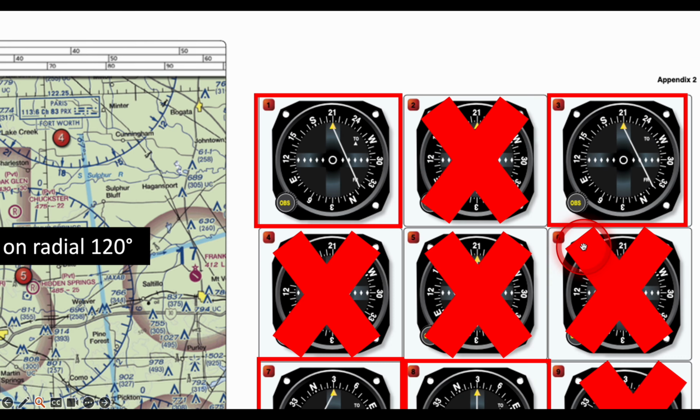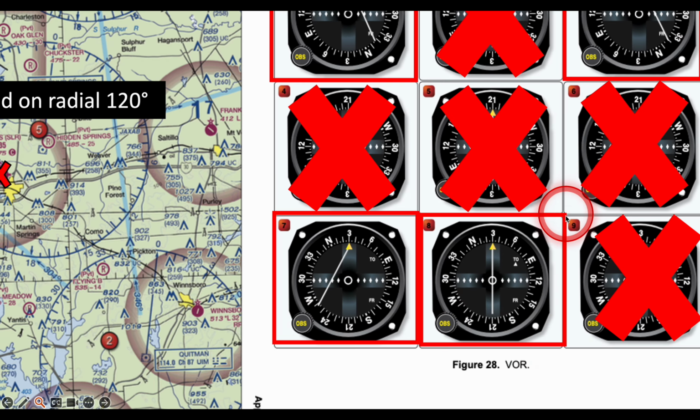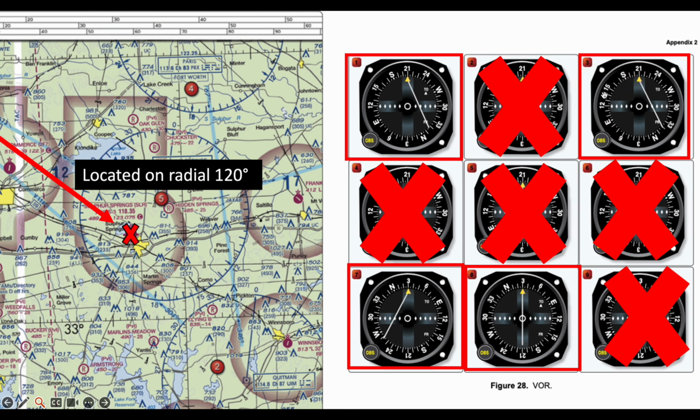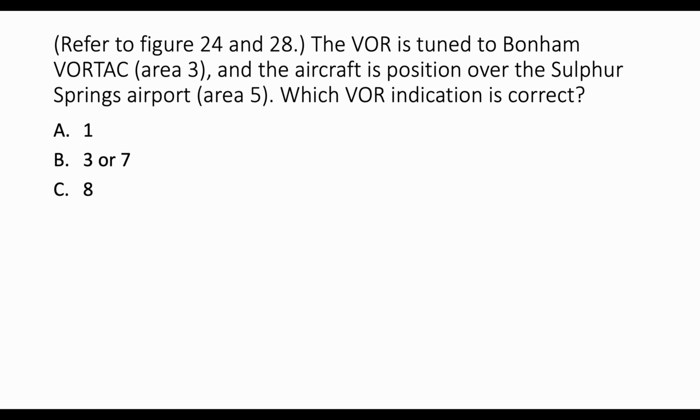We already crossed out number 8, and so that leaves us with either number 3 or 7. Those are the only ones that have no flag and could also be answer choices. So if we go back to the question, we already know that 8 is incorrect and 1 is incorrect because that one did have a flag indication. So that leaves us with answer choice B.